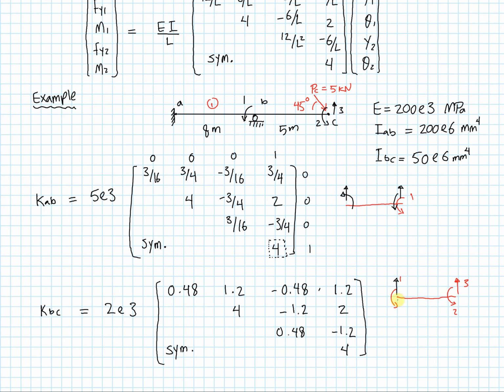So we have 0 at the location of the first index, because as we realized, there is no vertical component at that node. And we get 1, 3, and 2. That's a 1. The vertical component on the right side is a 3. And the rotation one is a 2.